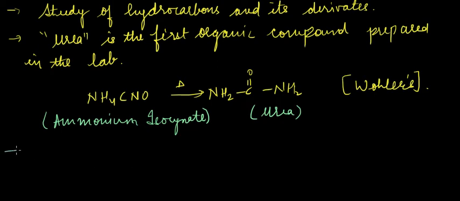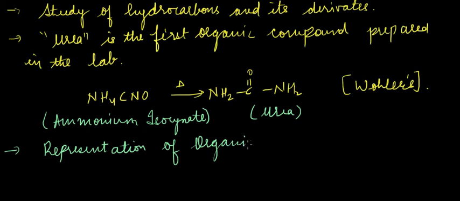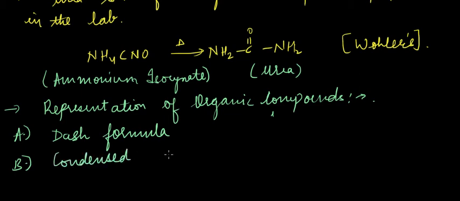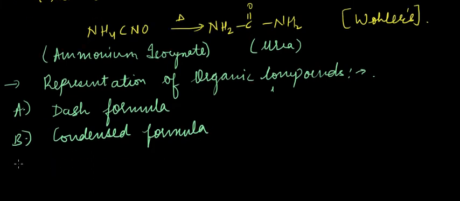Okay, so now we'll be discussing how we represent organic compounds. Basically we have three forms. We can either represent them as A, a dash formula, or B, which is called condensed formula, and C, which is known as bond line notation.